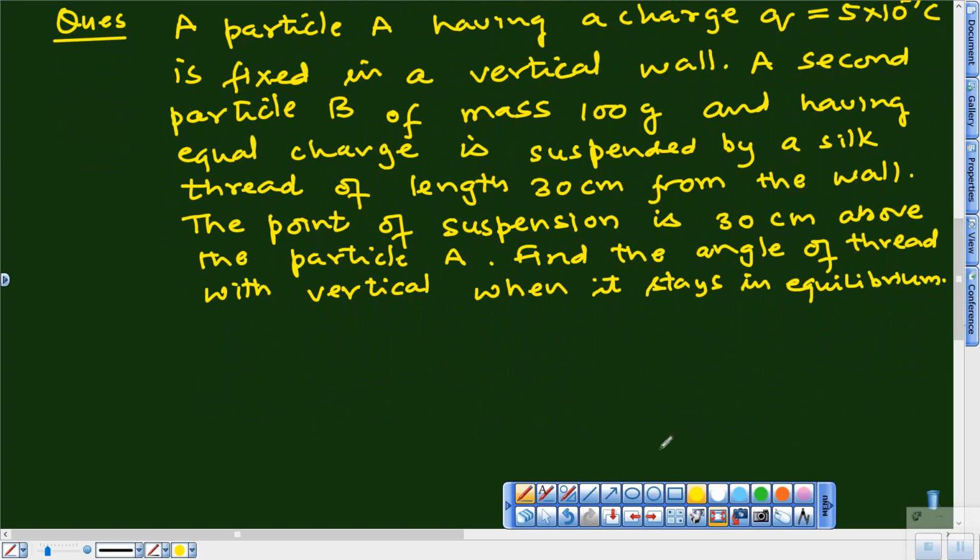If I can afford to draw the free body diagram, well, this may be the vertical wall which we are talking about. Out here, there's a charge that is fixed somewhere over here.